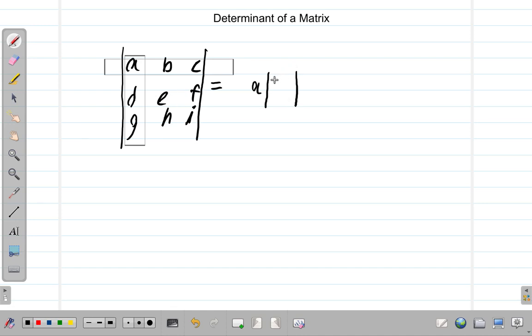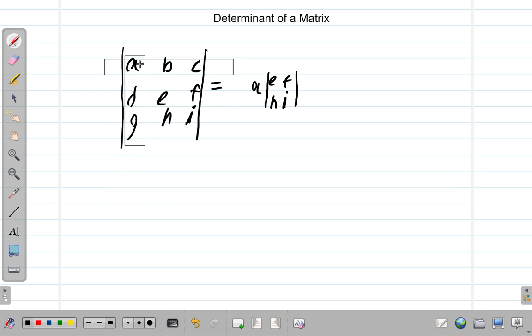We're going to find this 2 by 2 determinant later on, using the same method that we did for the 2 by 2 matrix. Now, I took a as a positive. As you go along and you cover another letter, the sign is going to change.